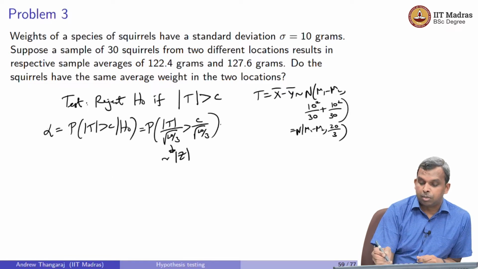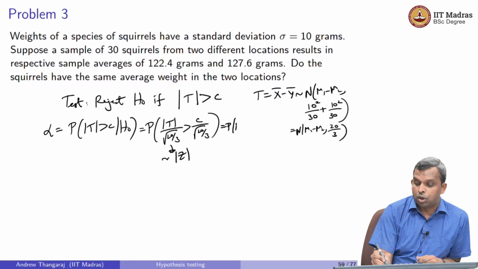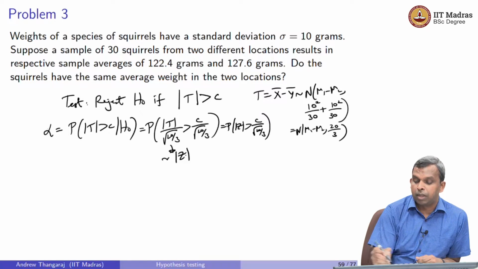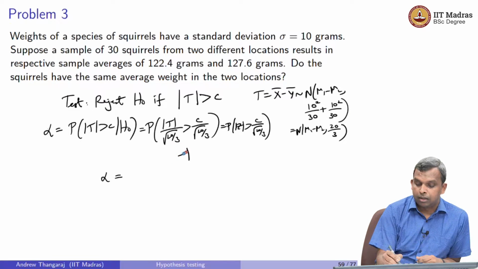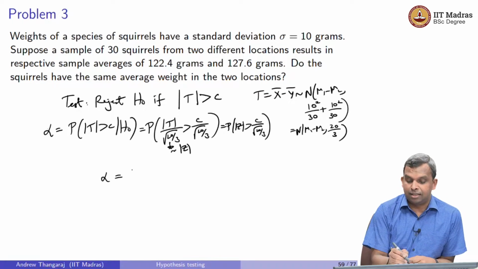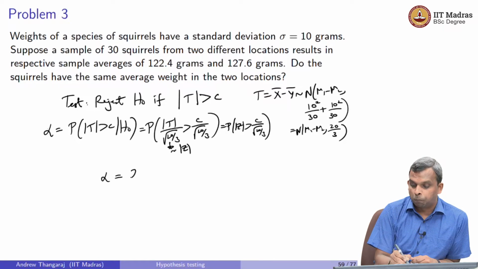So this becomes the probability that mod z is greater than c by root 20 by 3. So alpha equals 2 times F z of minus c by square root 20 by 3, isn't it?